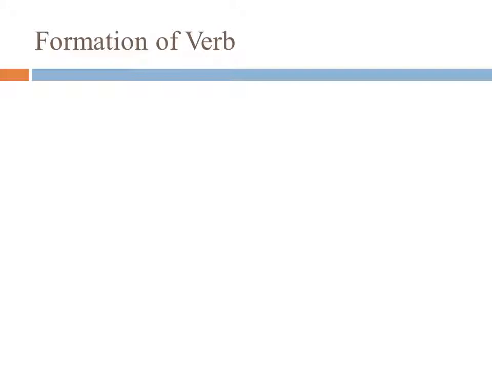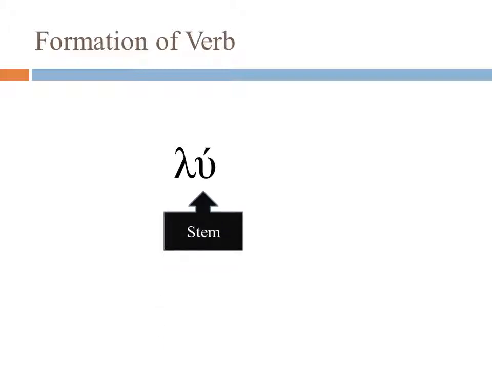Formation of the verb. Now, what I'm going to talk about right now has to do with the possibilities of the verb and not what we're going to be doing. So I'm just going to give you a general thing right now, but we're not going to be using all the components. One of the components that we will always use is the stem of the word. And it is the stem of the word that contains aspect.